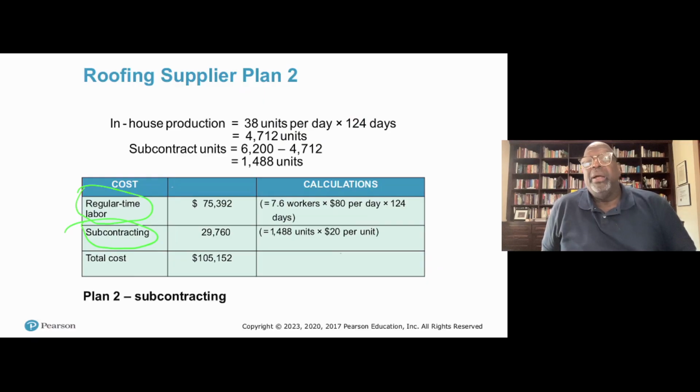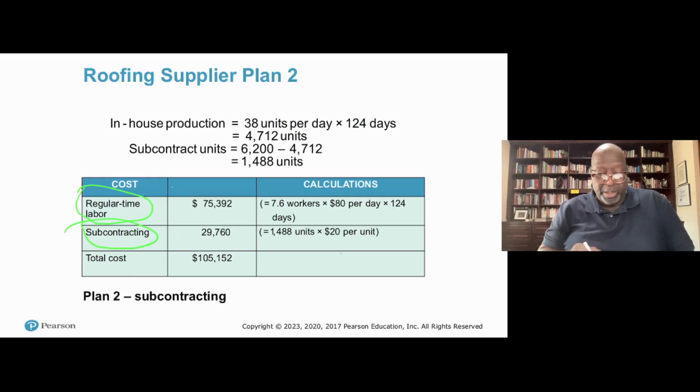What does that mean? That means that you're actually going to work with fewer workers. So you'll determine what that is in terms of your total costs, and then subcontract the balance. What's left? 1,488 units you will actually give to a subcontractor, but you will keep your workers constant to produce 38 units per day.